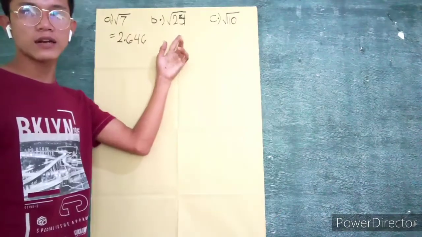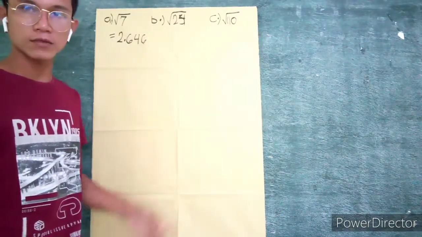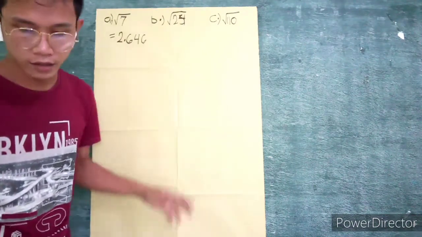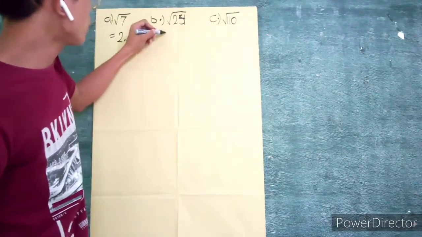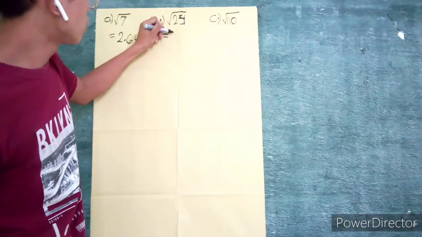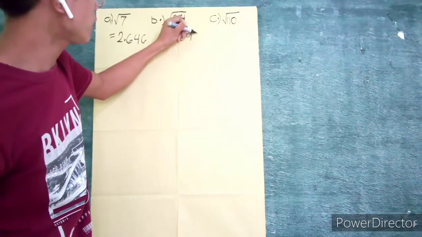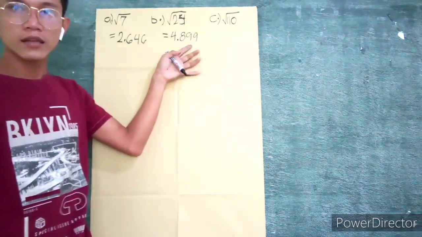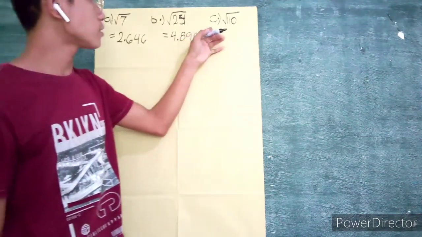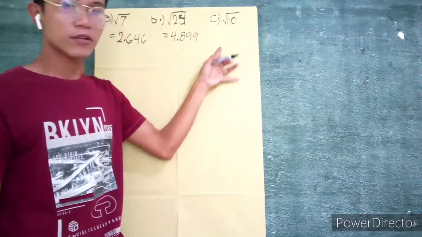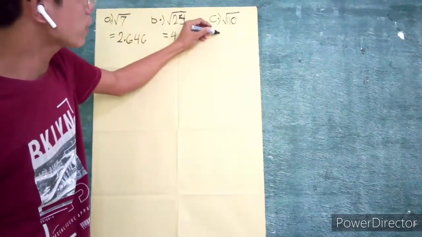Okay? So another example, we have square root of 24. So let's find the equivalent of square root of 24 using calculator. It is 4.899. Okay? That is 4.899. Next, example letter C, we have 110. Okay, 110. So let's solve using calculator.